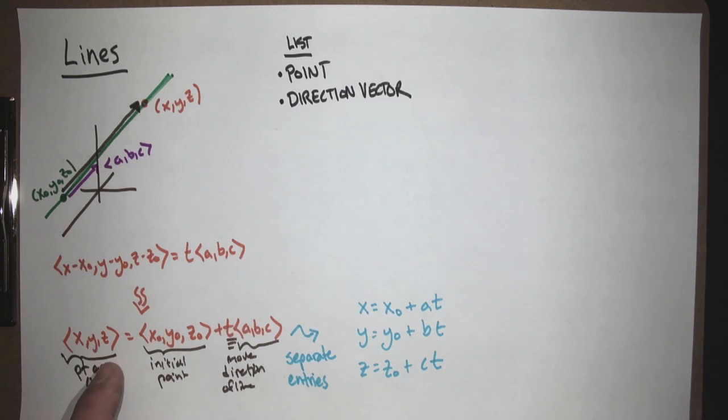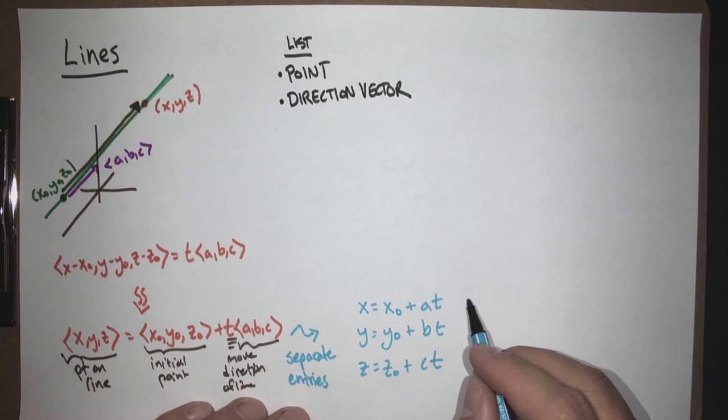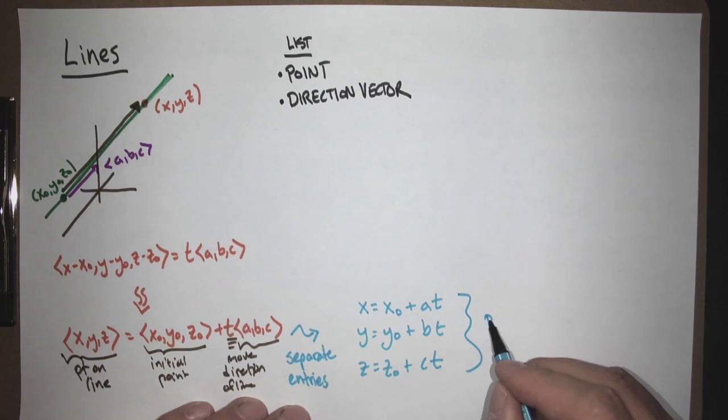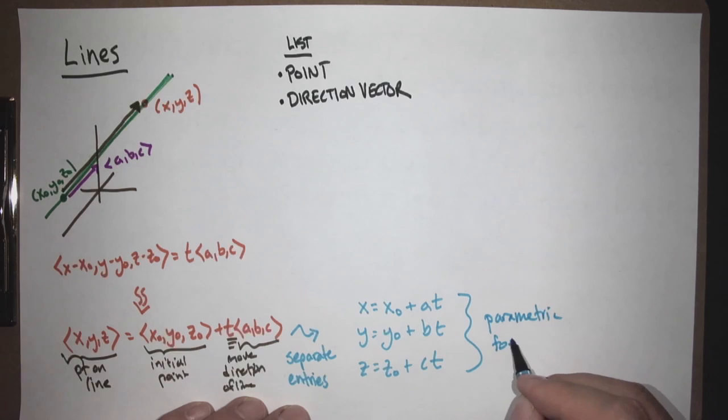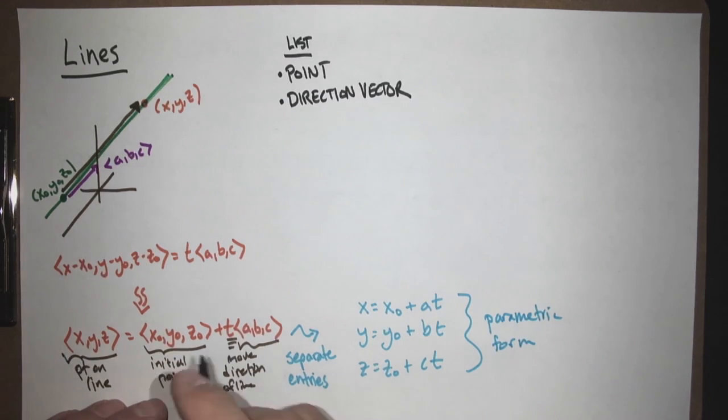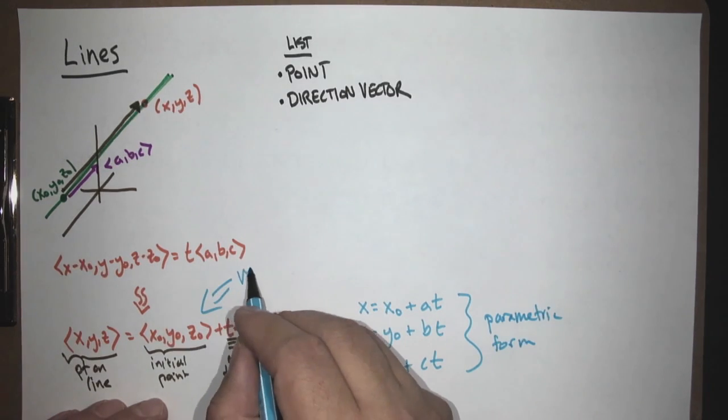The third slot, z, should be z0 plus ct. So in other words, if you pull it apart, then you get what we have here: x equals x naught plus at, y equals y naught plus bt, z equals z naught plus ct. So this right here is what we call parametric form. It writes the line as a parametric equation, and then this part over here is what we call vector form.